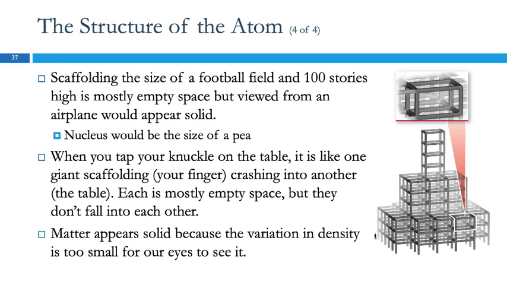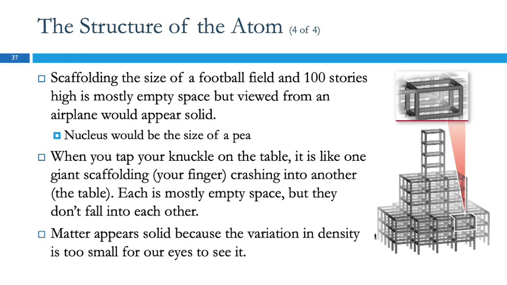But if you zoom in, you realize this guy can very easily walk through the bottom of this. He just needs to be careful not to walk into the poles. If this was 100 stories tall, the size of a football field, that would be the size of the atom. The nucleus would be the size of a pea inside of that.